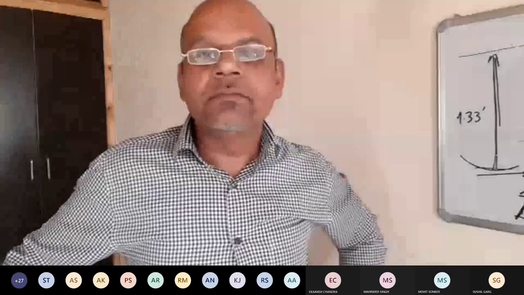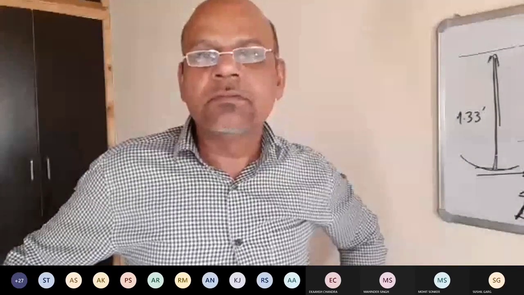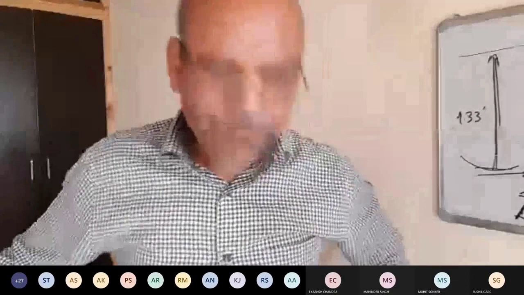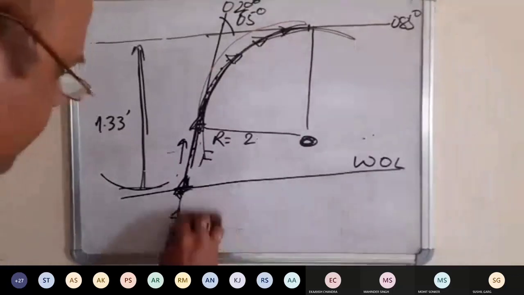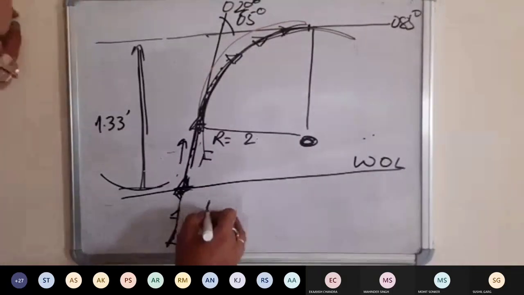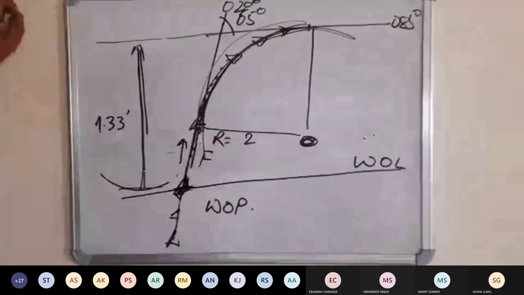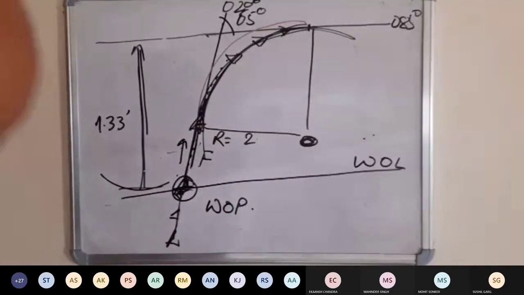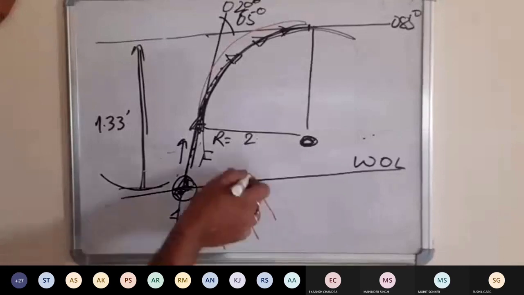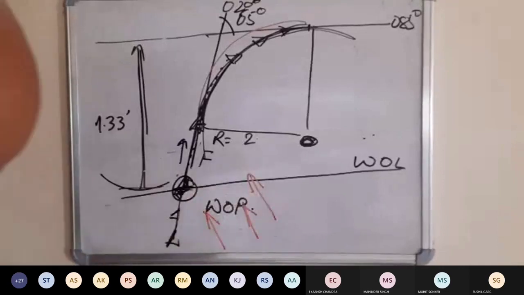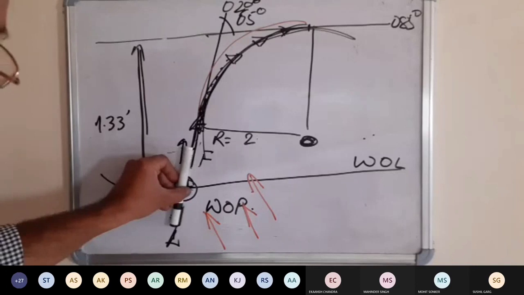Yes, are we good? Yes, sir. Okay. Another thing. So you have the wheel over point here. This is the place where you are going to give the rudder. If there is a current from this side, the vessel that you are turning is here.